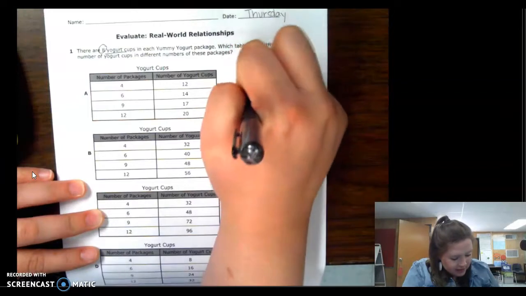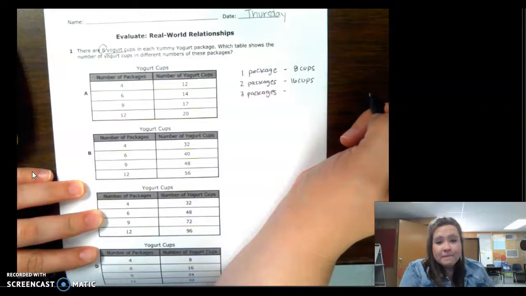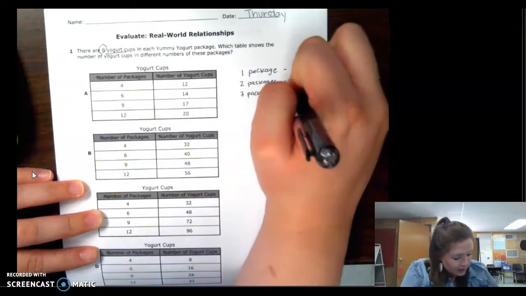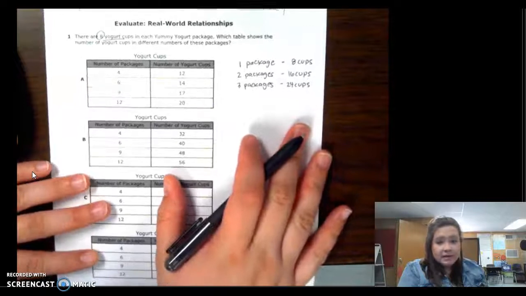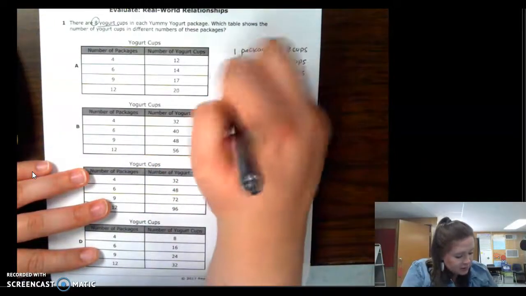In 3 packages, there would be 24 cups. Okay? And remember, if you need to draw pictures of this, that is totally fine. So let me show you. One package, or actually let me make this a little bit bigger.